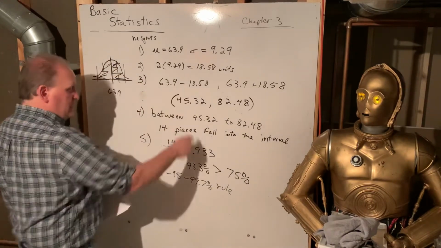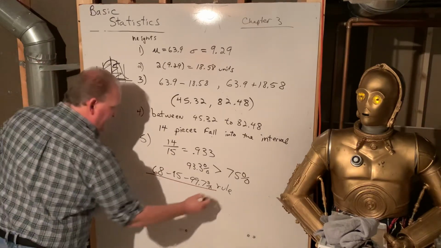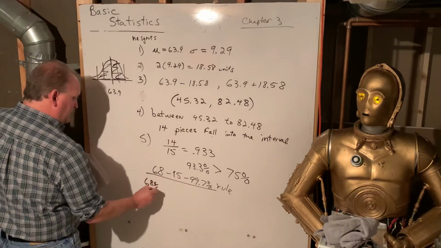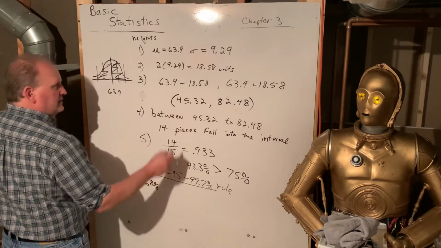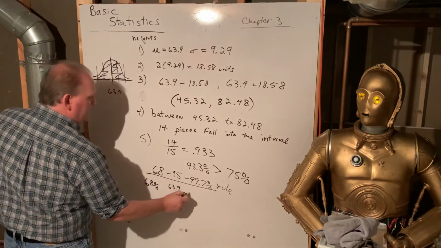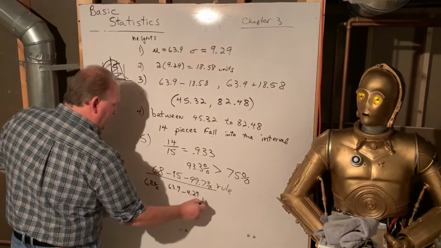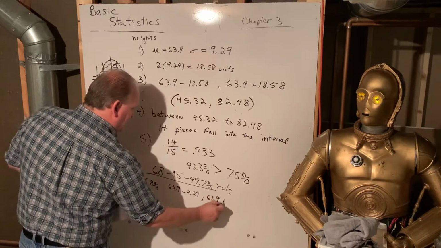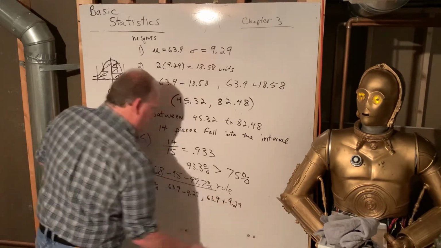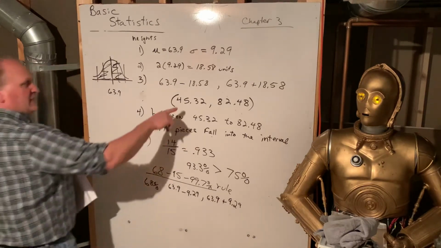So just what we did here, we're going to do it again for 68%. We're looking at the 63.9 minus 9.29 and the 63.9 plus 9.29. And then we already did the middle one.